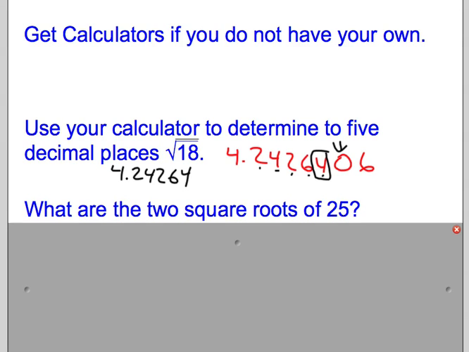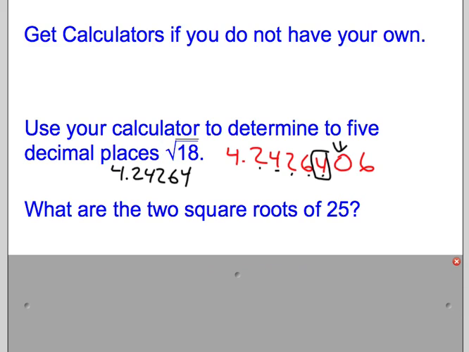Now this next one has something new for you. What are the 2 square roots of 25? I'll let you think about that for a second. What are the 2 square roots of 25? What number can I take times itself to give me 25? I think most of you would get the number 5. 5 times 5 is 25.